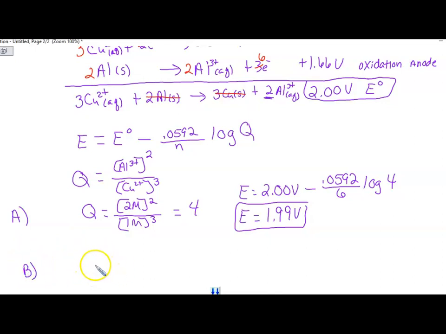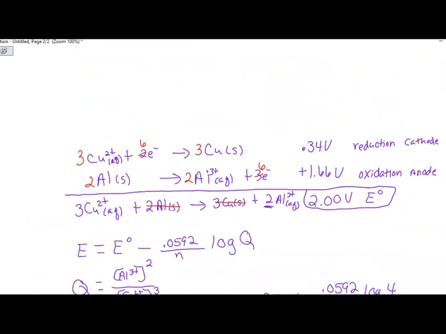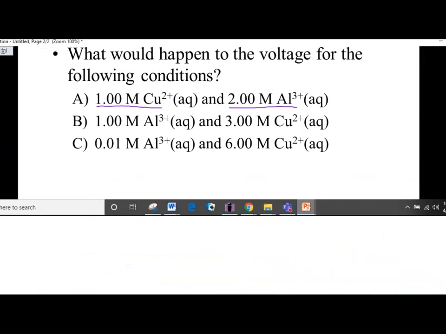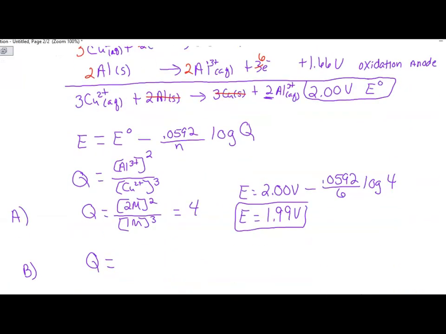So for B, we're going to figure out Q first. I would always recommend that. And it's aluminum over copper. If I go back up and look at the aluminum, we left at 1 and the copper we moved to 3. So 1 for the aluminum, which is on top, squared, and we change that one to 3, but it is cubed.